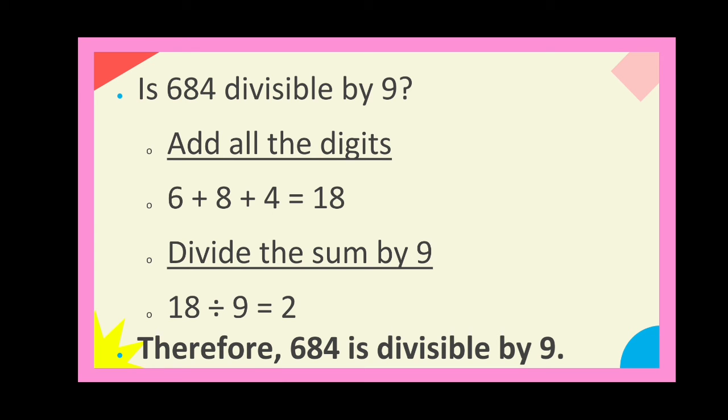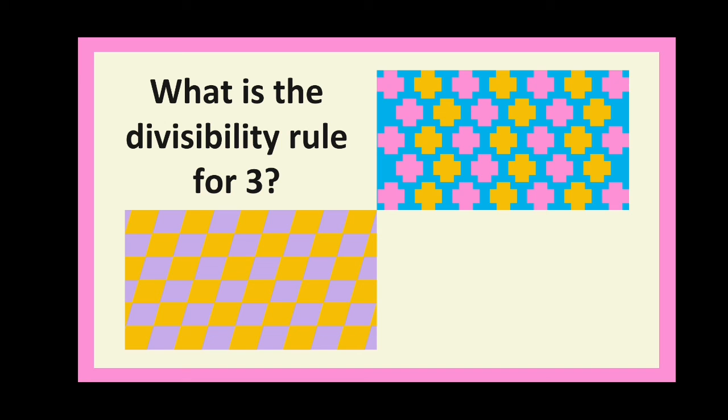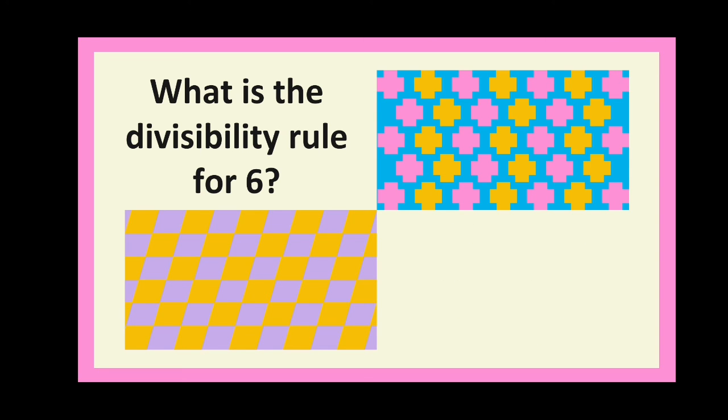Okay, so that's all for this video. Now, let's recall kung ano ba yung natandaan nyo sa lahat ng mga na-discuss ko kanina. What is the divisibility rule for 3? A number is divisible by 3 if the sum of all the digits is divisible by 3. Now, what is the divisibility rule for 6?